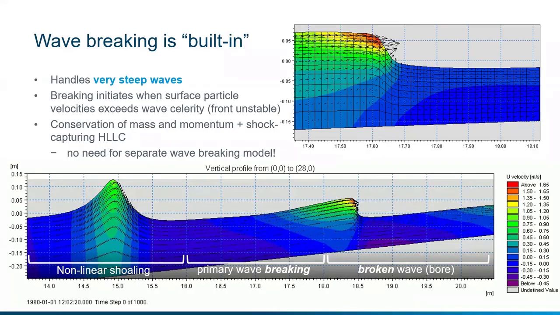Usually on a beach, we have a period of nonlinear shoaling where we have set-down effects of the waves, followed by wave breaking and setup, and then a bore, which is where we have the broken wave transported throughout the surf zone. I've included here some snapshots of the wave breaking, and just after wave breaking, from the very famous Ting and Kirby 1994 test case of wave breaking, which we will also look into in a bit more detail in a short while.